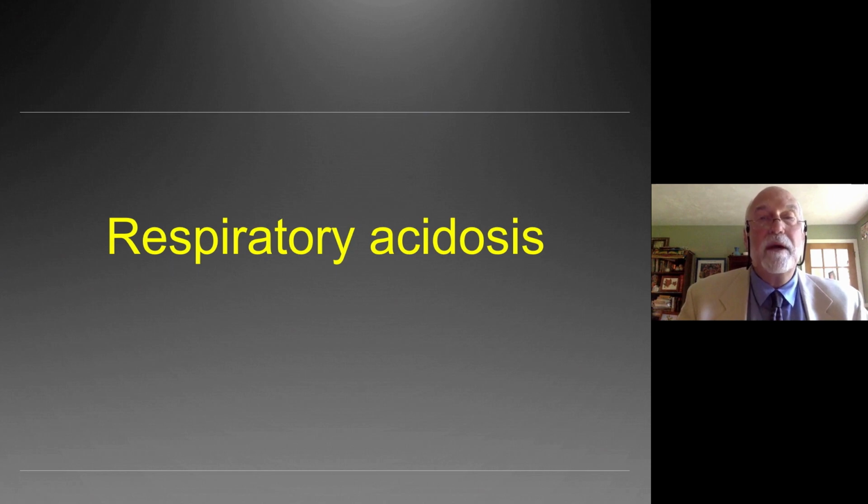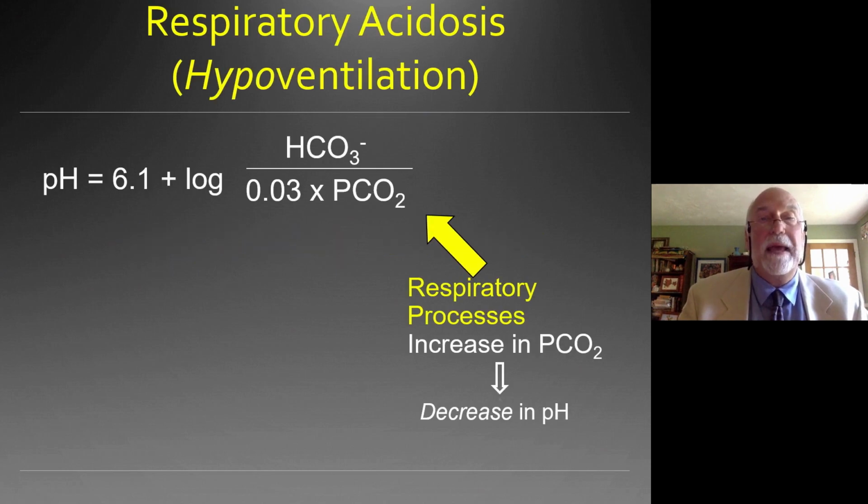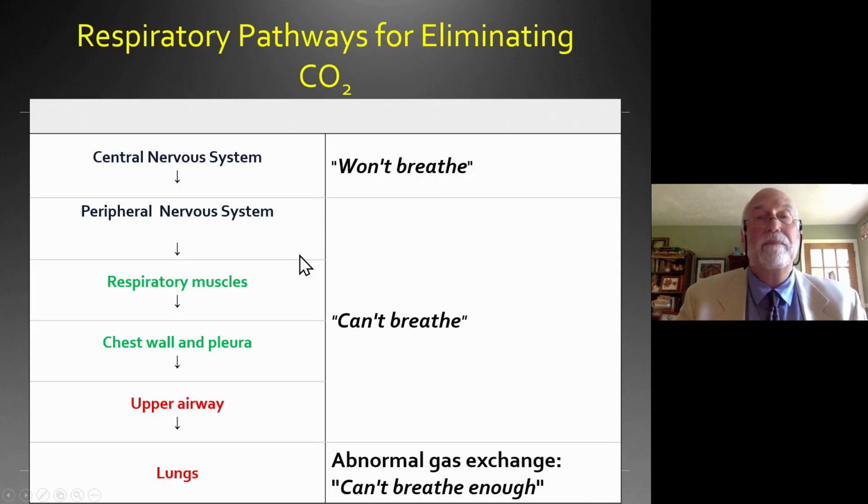So let's briefly talk about respiratory acidosis. These are going to be processes that result in hypoventilation or an elevation in the pCO2. So that will then lead to this decrease in pH. As the pCO2 rises, the pH is going to drop.